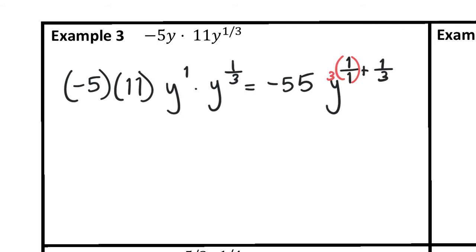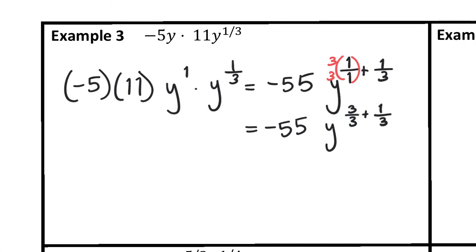So times 3 on the bottom, times 3 on the top. That gives me, bring down the negative 55, bring down the y, and I'm going to have 3 over 3 plus 1 over 3. Right, 3 times 1 is 3, 3 times 1 is 3.